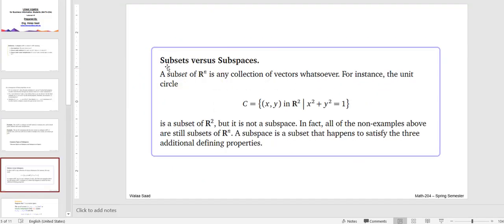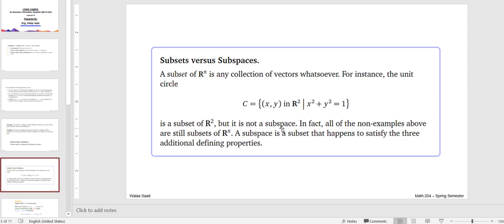Now we have subsets versus subspaces. So we said that the subset is any collection of vectors whatsoever, like here in the unit circle. This unit circle includes some points that are existing in R2, the points that lie on the circumference of the circle, right? They are a subset of the points that exist in R2.